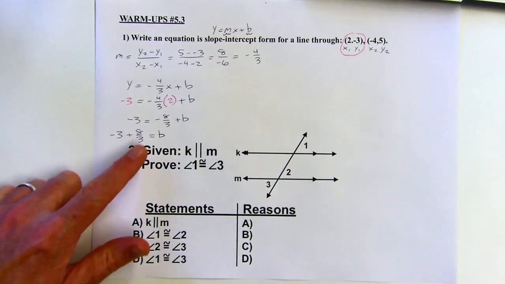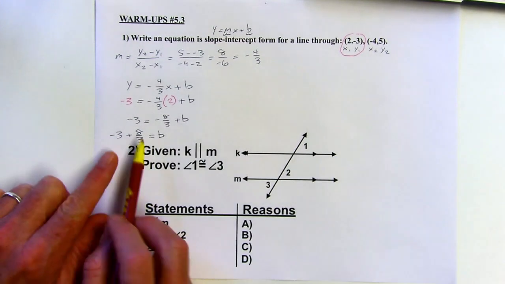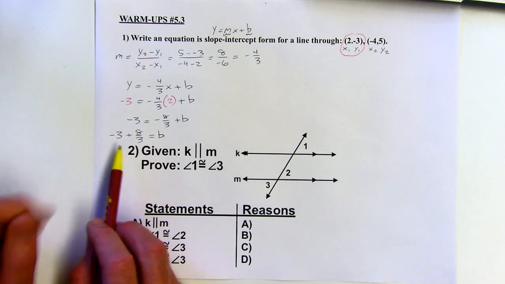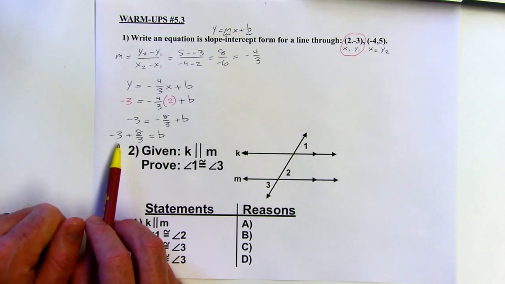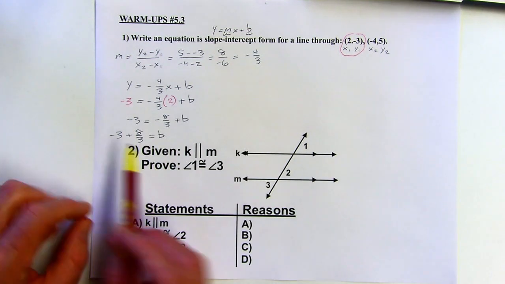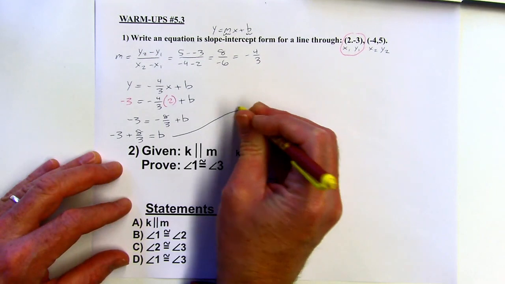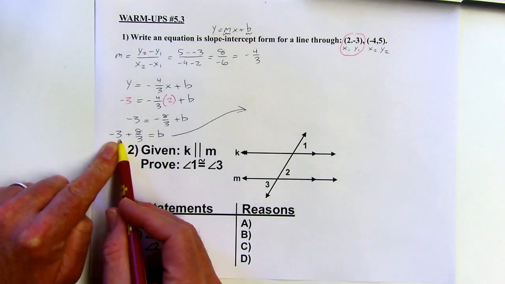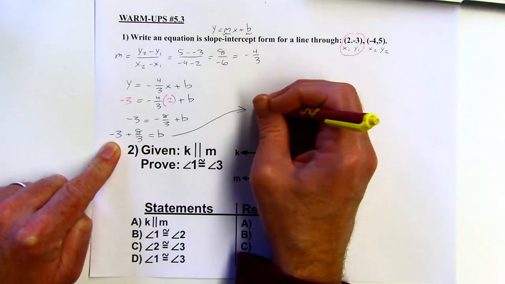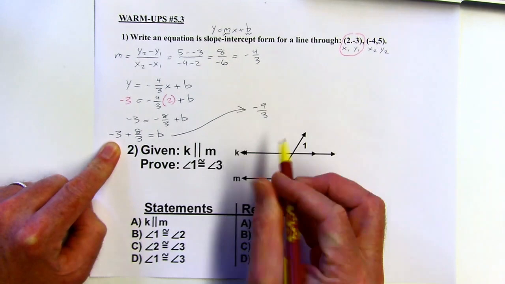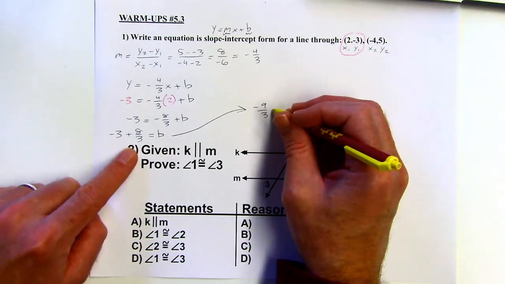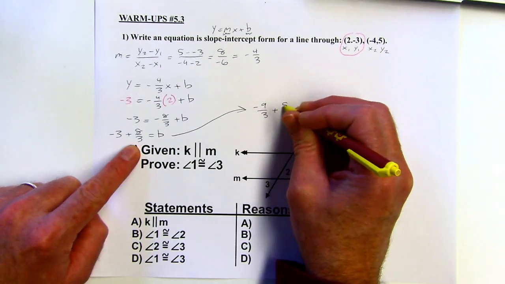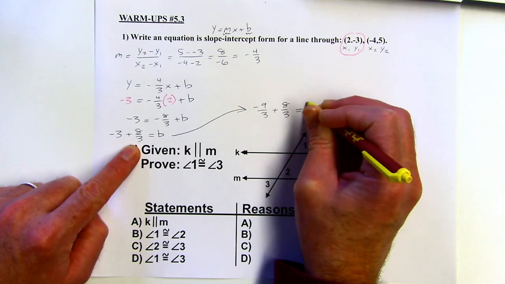Okay, so I've got it down to this, and what I want to do now is get a common denominator. This isn't even a fraction right now, but you could think of that as negative 3 over 1. Okay, so what I want to do with this is I want to multiply this by 3 over 3, which would give me negative 9/3. Negative 9/3 is equal to negative 3, right? So now I've got negative 9/3 plus 8/3 equals b.